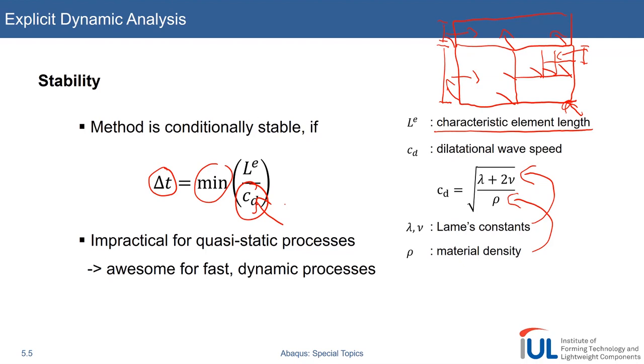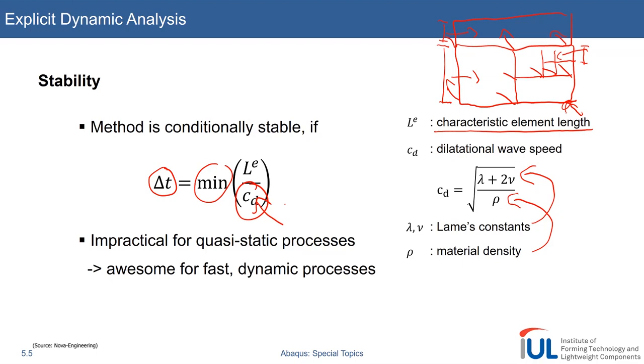So the advantage of this approach is for dynamic processes or for very fast processes, which usually come along with dynamic aspects. But also, if you're interested in dynamic aspects of quasi-static processes, you should still go for explicit dynamic analysis and not classical static equilibrium-based FEM.